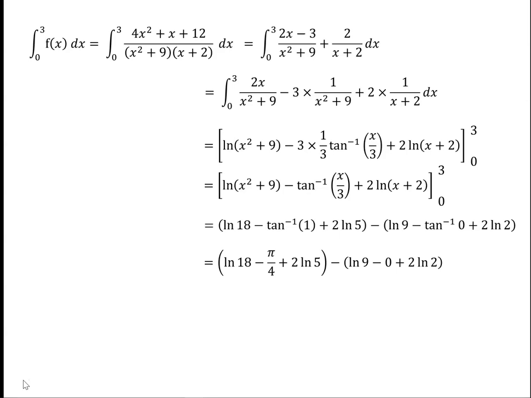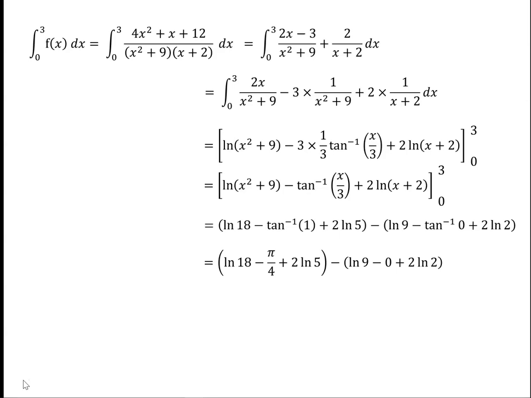So the first bracket simplifies to the logarithm of 450, take away pi by 4. In the second bracket, the logarithm of 9 plus the 2 logarithm of 2 is the same thing as the logarithm of 9 plus the logarithm of 2 squared. In other words, the logarithm of 9 plus the logarithm of 4, which is the logarithm of 36.